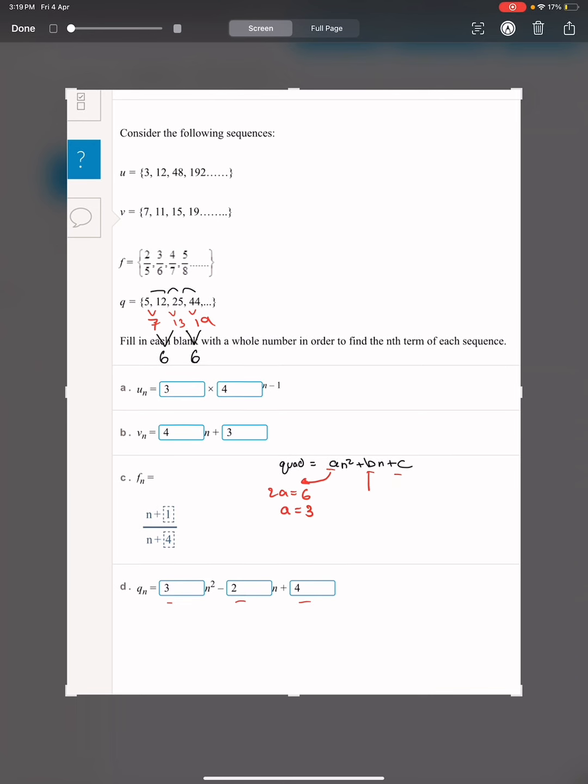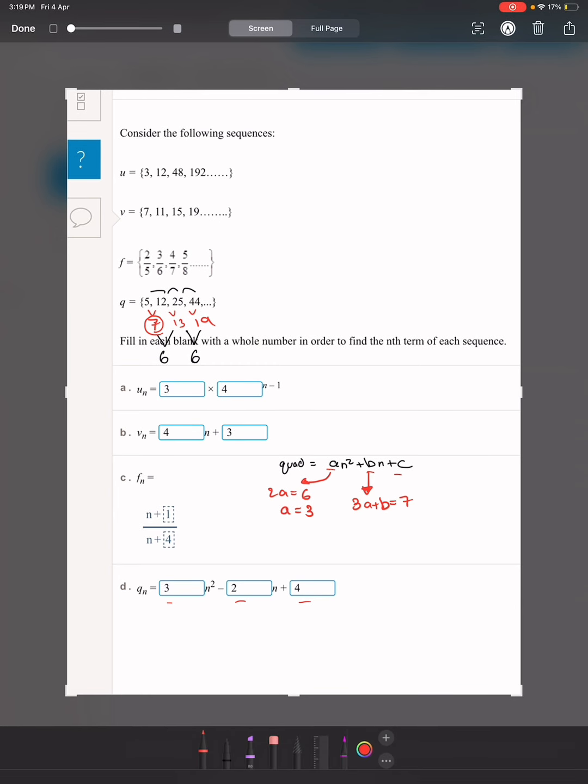For b, our formula is 3a plus b equals the second difference, which is 7. A we can replace with 3. 3 times 3 is 9, plus b equals 7. Move this to the other side, b equals minus 2.